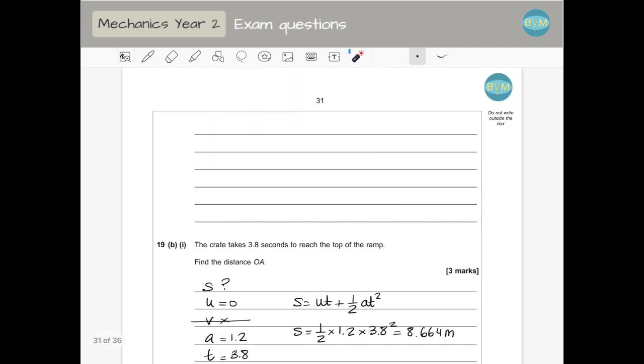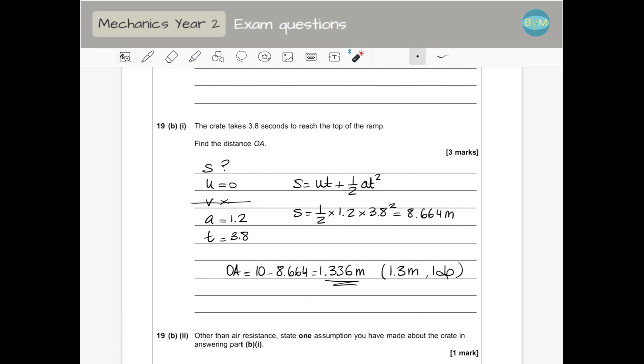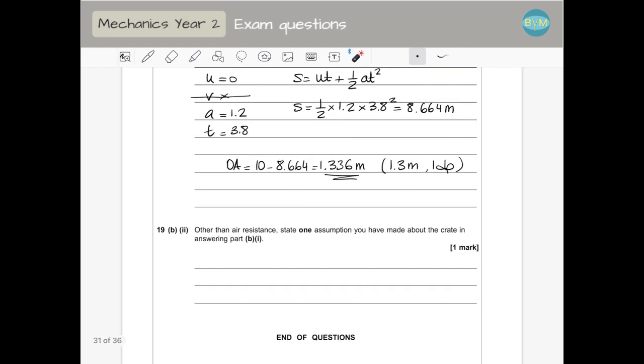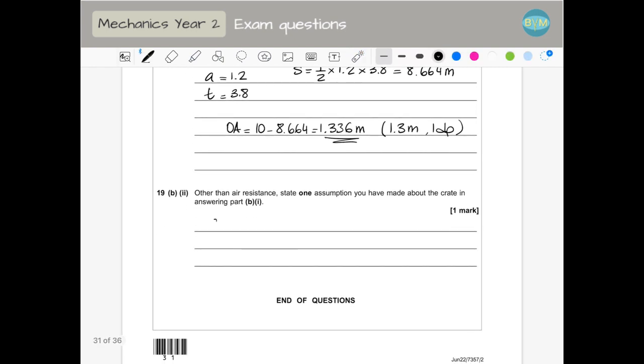Yeah, it's a particle, and that's why I can say that it reached the top of the ramp, because I'm considering it like a little dot. So the crate is modeled as a particle, and they don't tell me it's modeled as a particle. And that's all with this question.